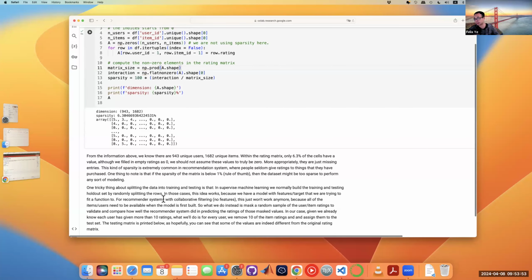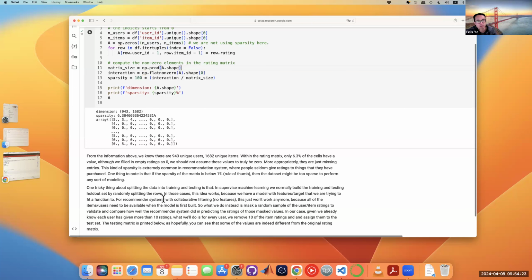In fact, this kind of sparsity is very common in recommender systems because people usually don't give ratings for all the movies or items they purchase, and there's no way they can watch all the movies listed in the library. This problem is very, very common.